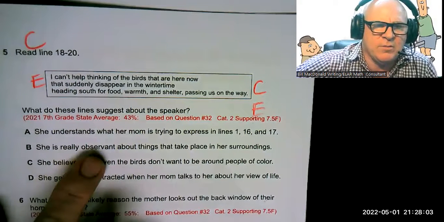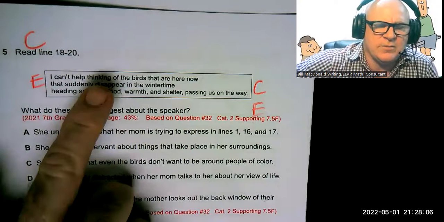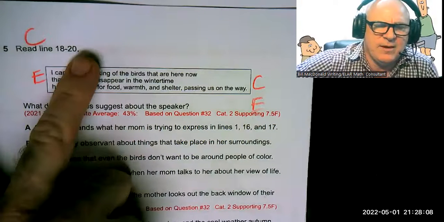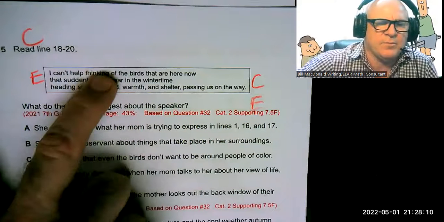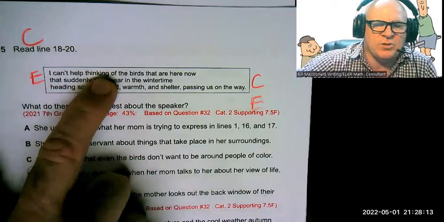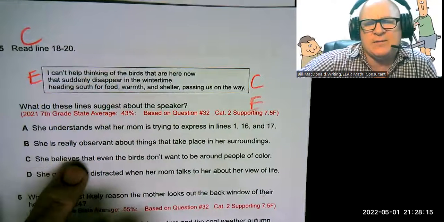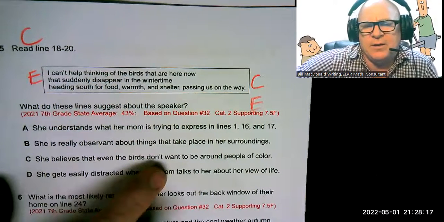So if we see her being observant and then causing, which causes this effect, then we would pick B. She believes that even the birds don't want to be around people of color. That sounds like a very pessimistic answer.